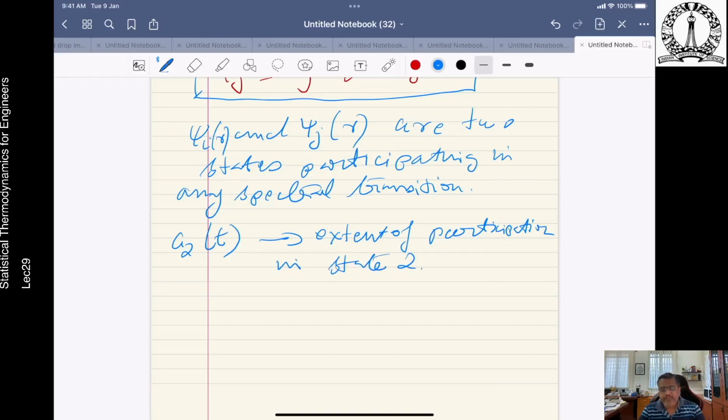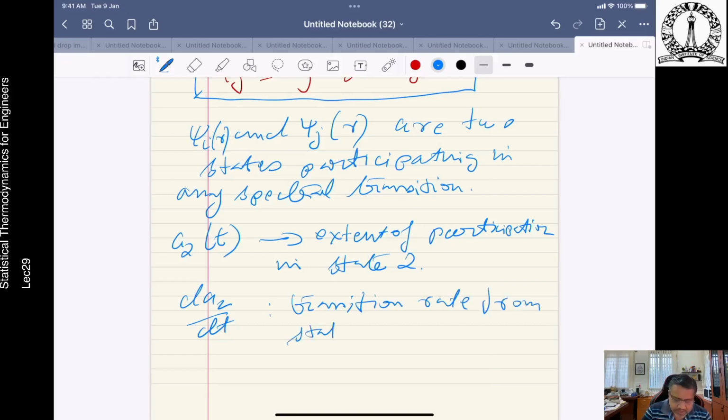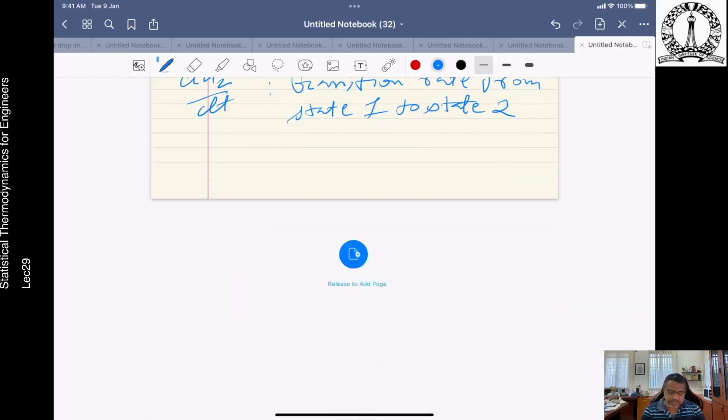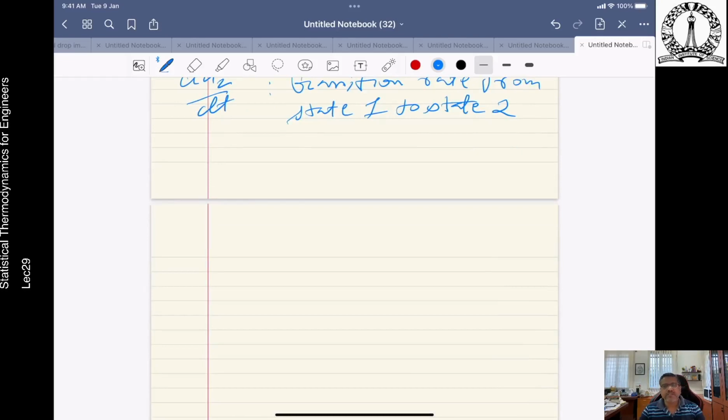Therefore, dA2 by dt is interpreted as a transition rate from state 1 to state 2. So that is the transition rate.